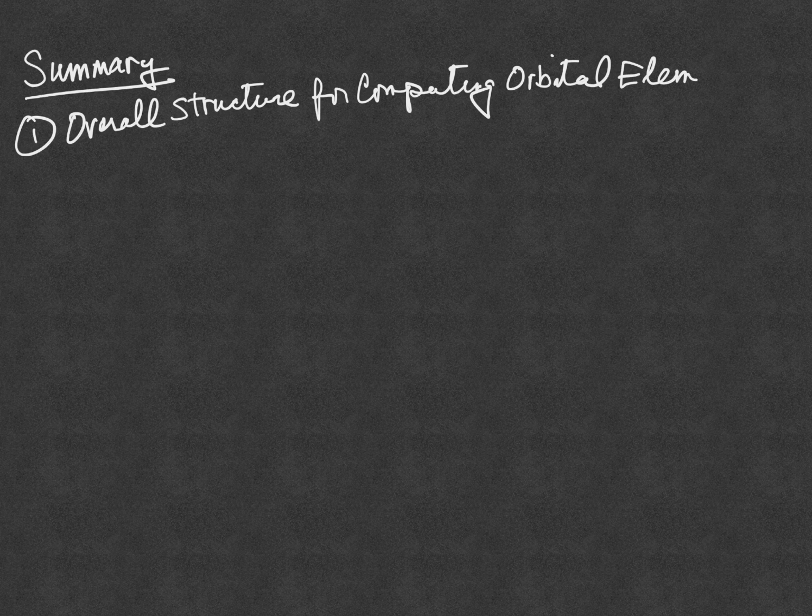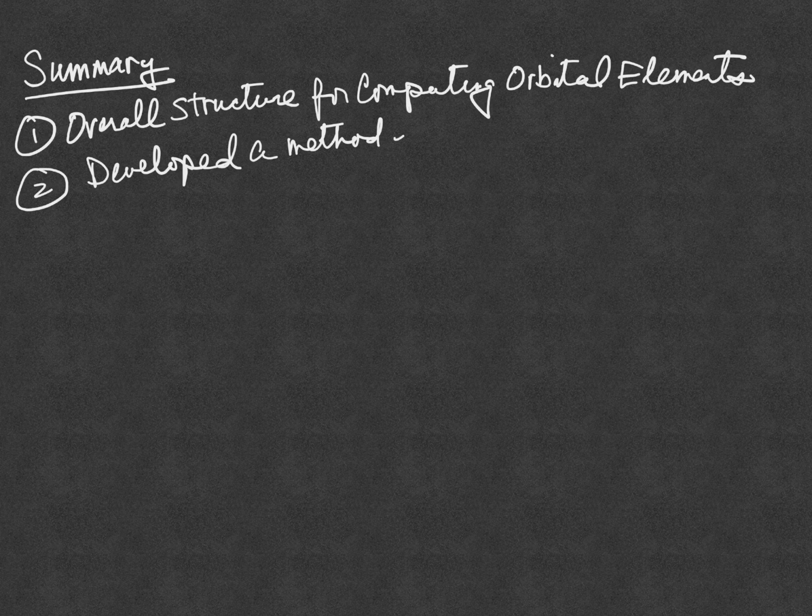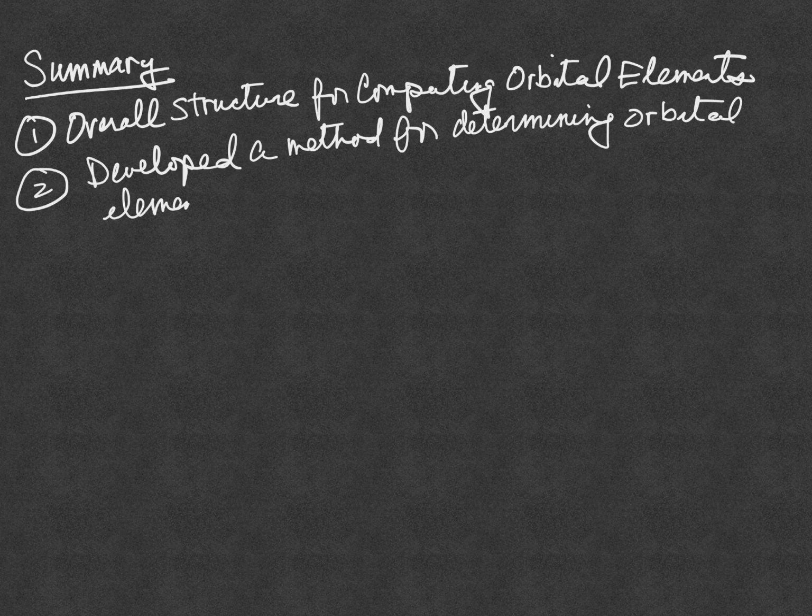And using that structure, we developed a method for determining orbital elements given position and velocity. And of course, it's the inertial velocity.